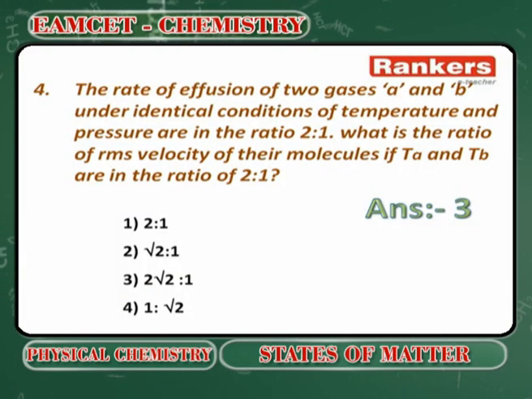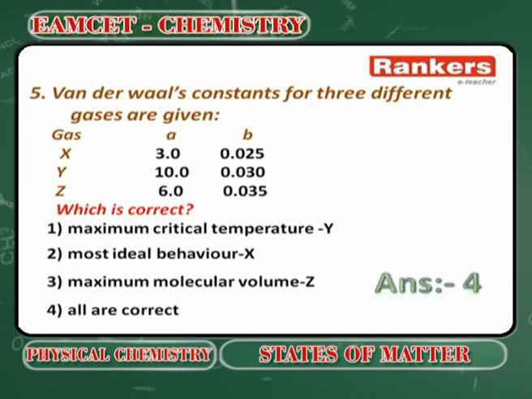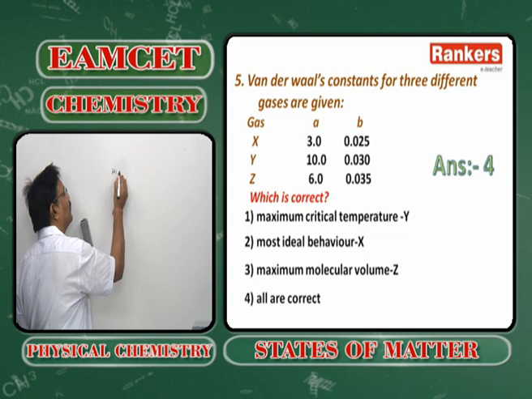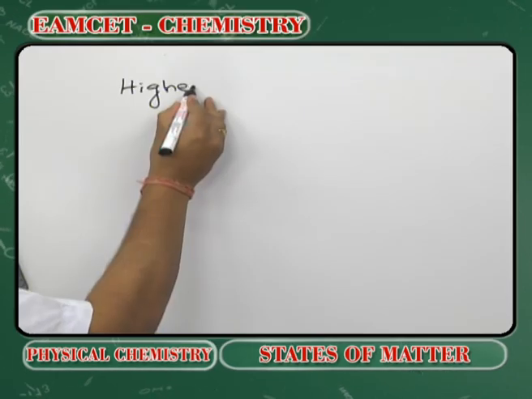Next question. Van der Waals constants for 3 different gases are given. Now we are asked to find which statements are correct. What is the point here? Higher the value of A, what does that mean?